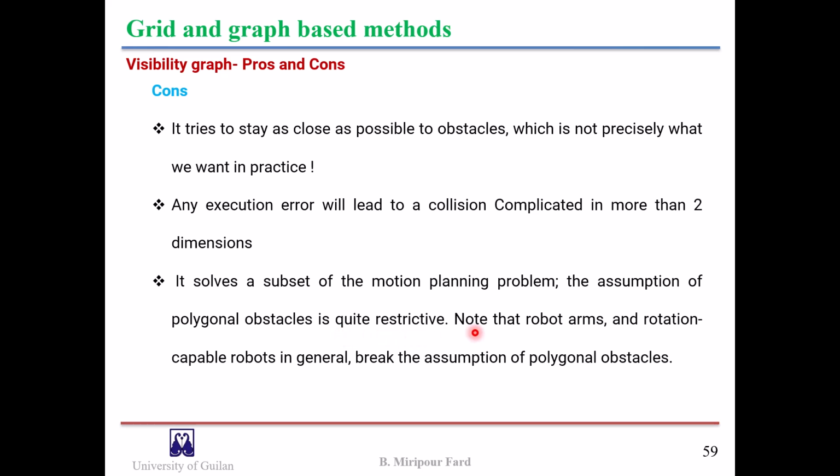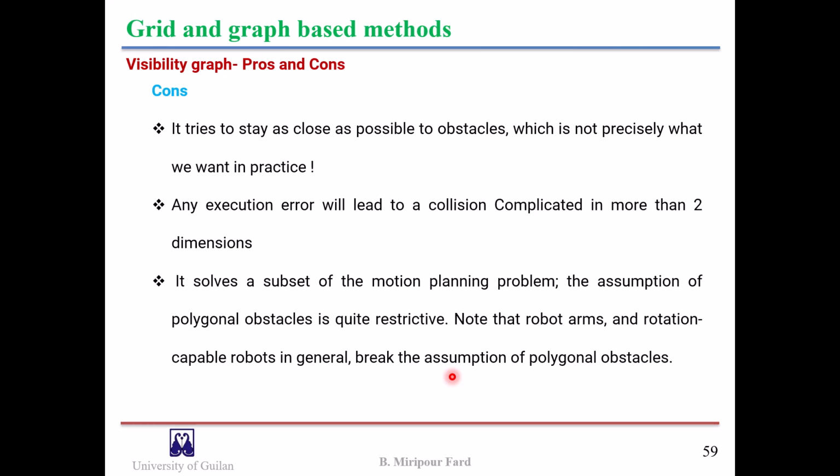Note that robot arms and rotation in the plane break the assumptions of polygonal obstacles, and we cannot easily obtain the visibility graph. And for arms, a point obstacle in the workspace becomes a curve in C space.